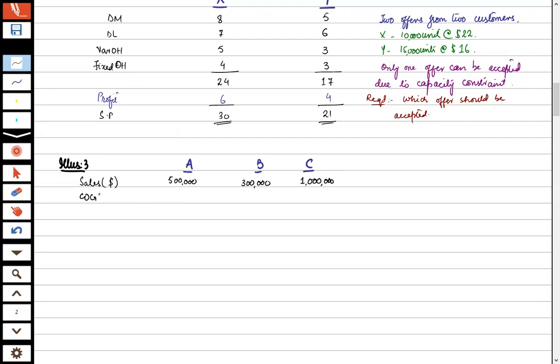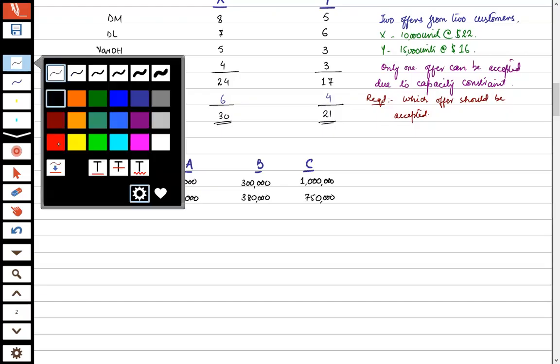Cost of goods sold total is 430,000, 380,000, and 750,000.